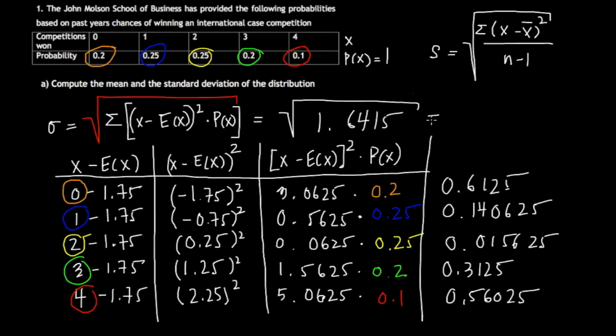And then we simply have to take the square root of this to get the standard deviation because it isn't the variance, don't forget. And this gives us a total of 1.2812. 4 decimals is more than enough. This is perfect like this.